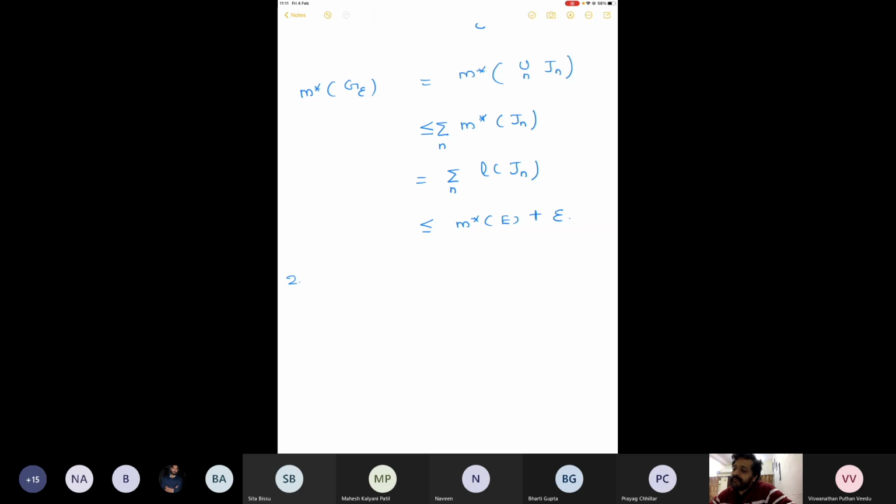So with that in mind and problem 1, how do I proceed? I can create an open set from problem 1. Given any set, I can create an open set larger than that, such that M star of the open set is less than or equal to M star of the given set plus any predetermined tolerance level. So what's the idea?